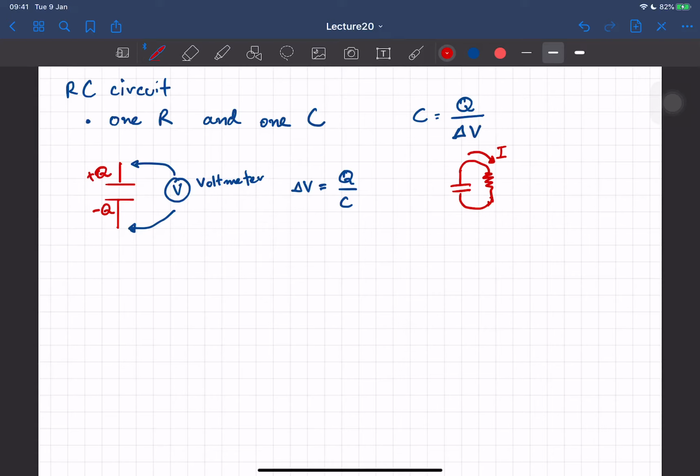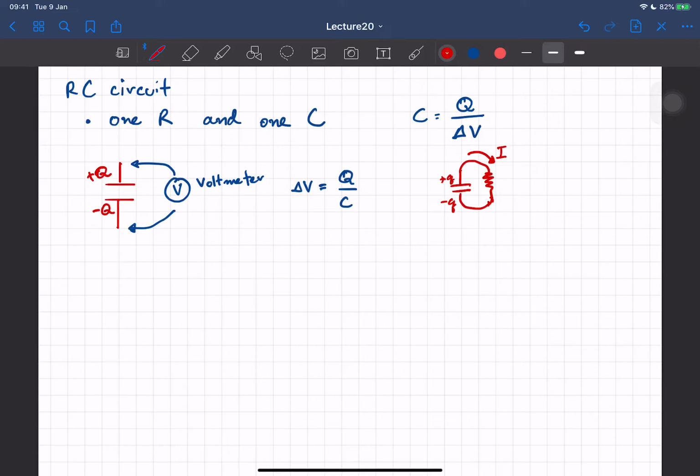Well, current is the movement of charge. When you have charge flowing out, you're going to have less charge on the capacitor. So the voltage will be less and less. This is the main difference between a capacitor and a battery. A battery will always maintain a fixed potential difference between the two terminals, whereas the capacitor is not going to be fixed because it depends on how much charge you have. If you have less charge, then the potential will be less.